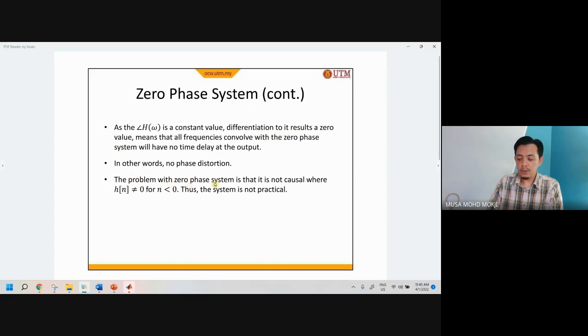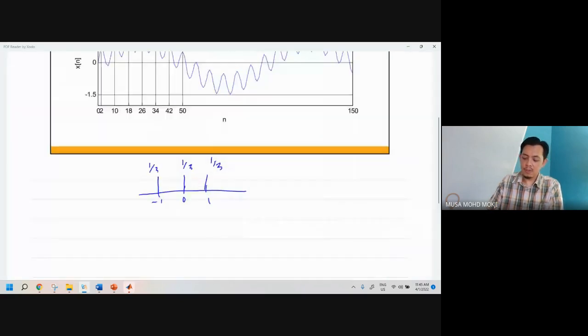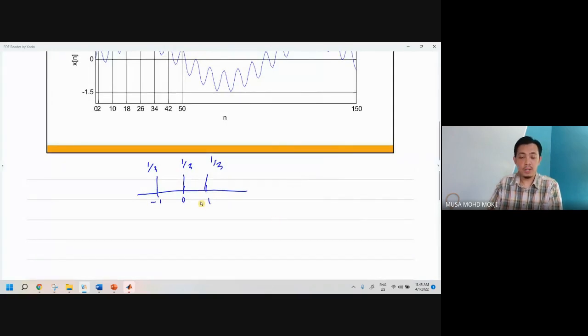The problem with a zero phase system is that it is not causal. This is our h[n]. Causality says that you shouldn't have any value at n less than 0; everything should be 0.